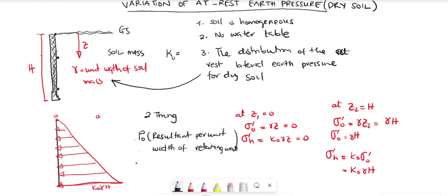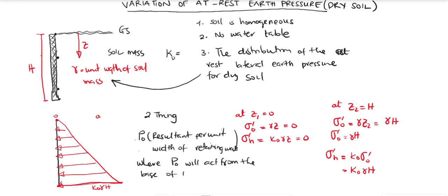We also need to know where this P naught will act from the base of the retaining wall. So these are the two things that we will be looking for.